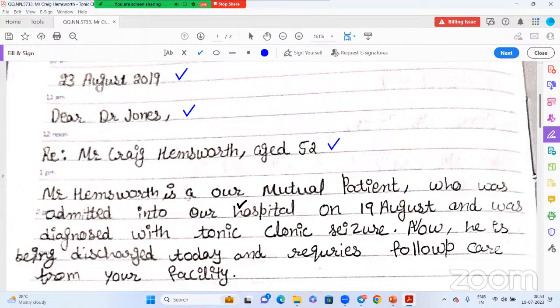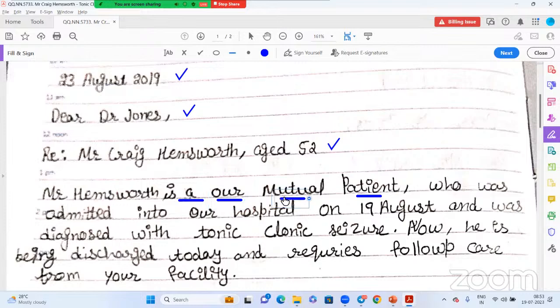Mr. Hemsworth is our mutual patient. If he's a mutual patient, he knows the patient and you know the patient. Then what is the need for introducing that our mutual patient?